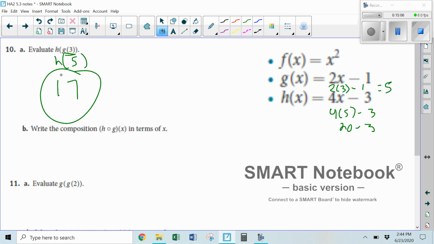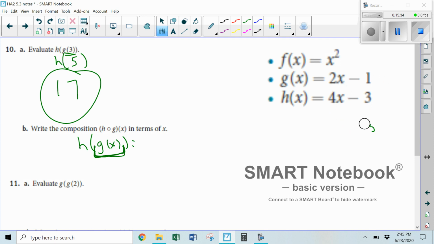Okay, part B, write the composition h of g of x in terms of x. You can leave it like this, or if you prefer to rewrite it, sometimes this is a little easier so you can see the inner function a little better. Notice in part A we had a number to plug in. Here we don't have a number, we have an entire function to plug in. So this g of x is going into the h function.